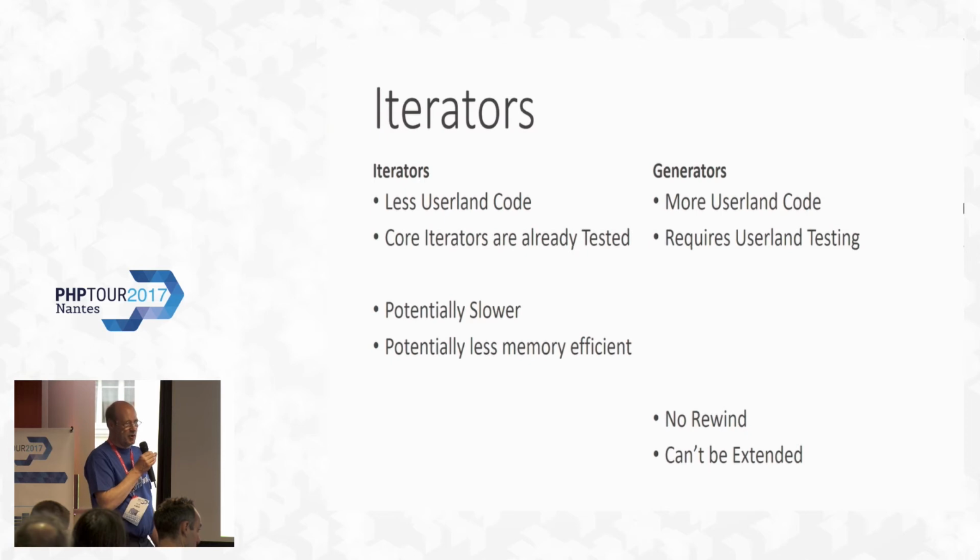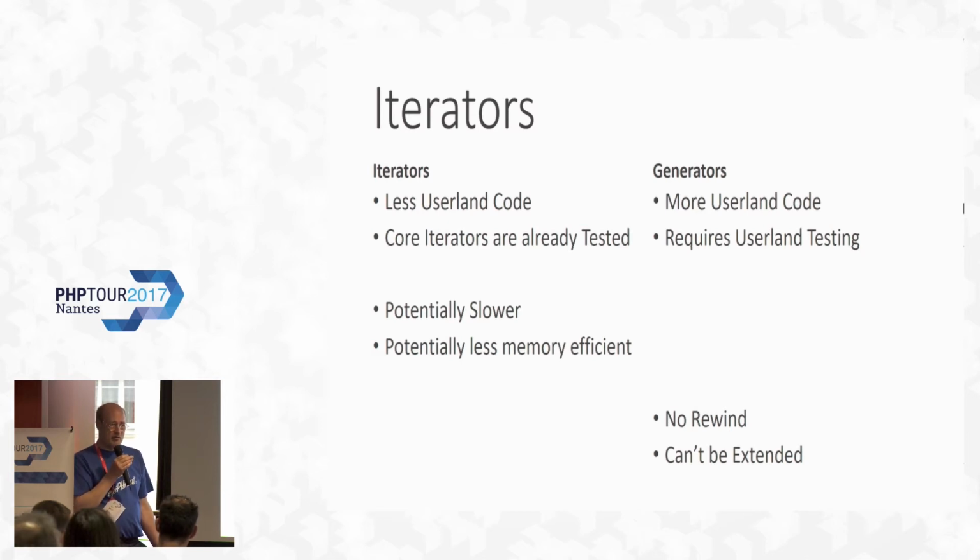There is a third one, which I haven't listed on there, and I probably should add to the slides. You can't serialize a generator. You can serialize an iterator. You might have to write a bit of custom sleep and wake up code to do so if you're using resources like directory handles or similar.